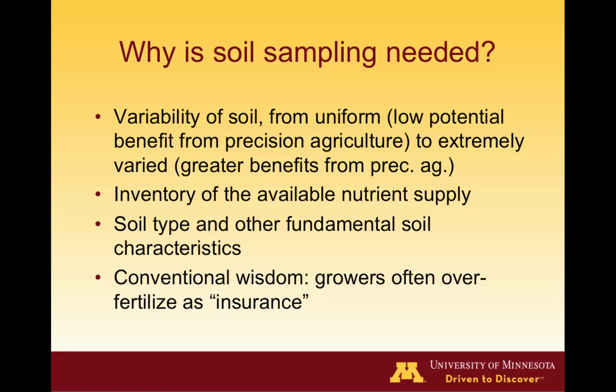However, in some parts you can find extremely varied soils, which can benefit greater from precision ag. By doing soil sampling, you can find these extreme variations, and it is also an inventory of the available nutrient supply in the soil.